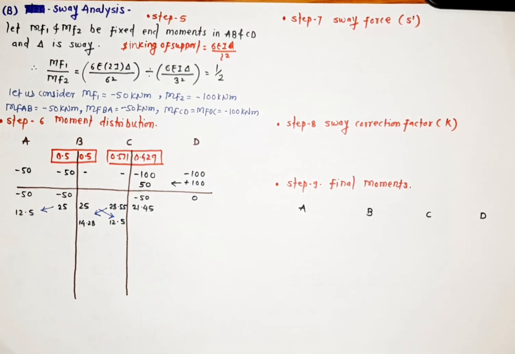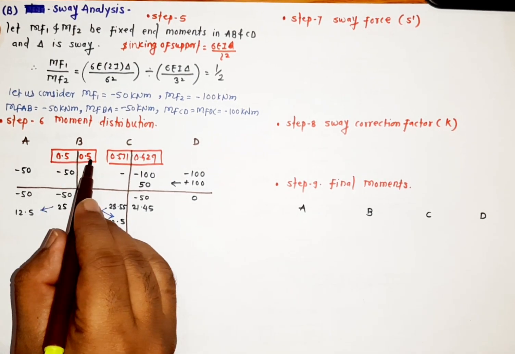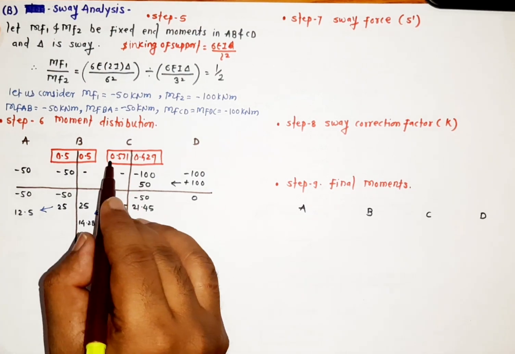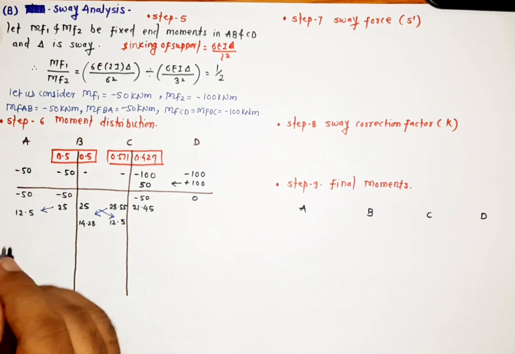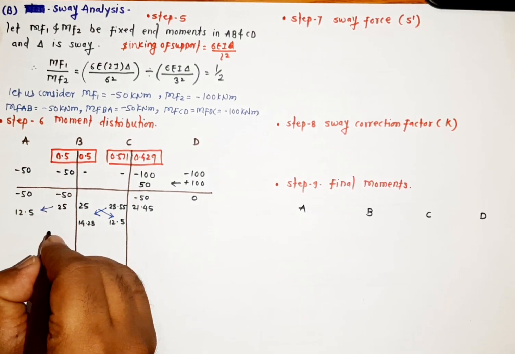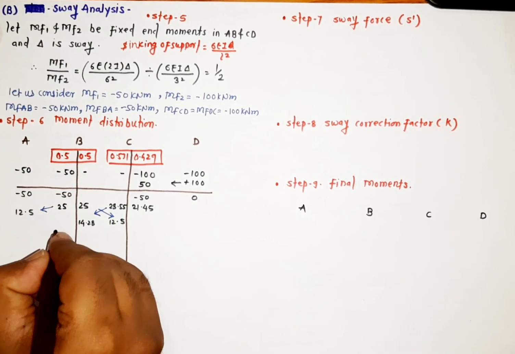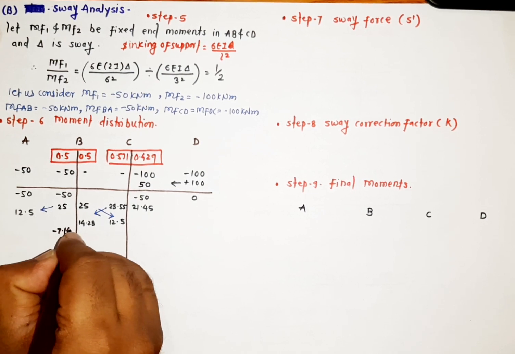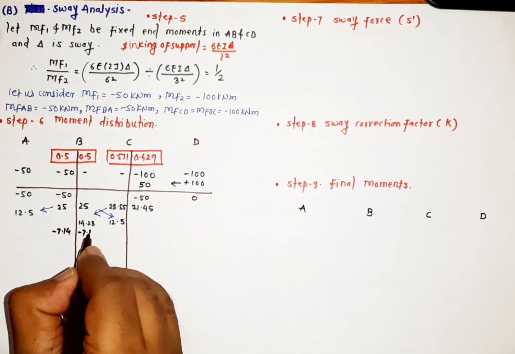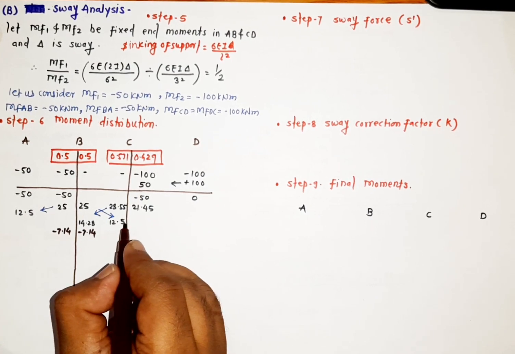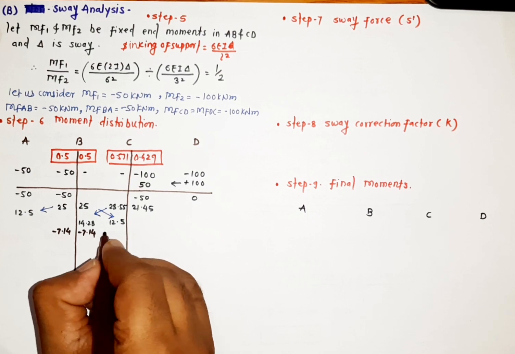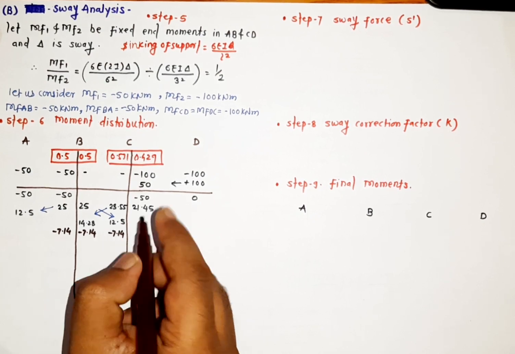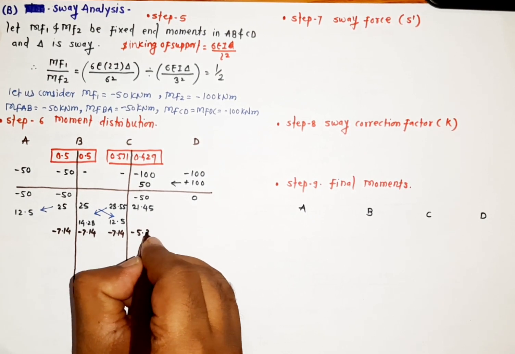Now next we got the values as 14.28 to multiply with 0.5, 0.5, and 12.5 to multiply with all these distribution factors. So this 14.28 we multiply, we will get 7.14, but we have to write it down with the opposite sign. This will be minus 7.14, this will be minus 7.14. 12.5 multiplied with 0.571, it will be again minus 7.14 and this value comes to 5.36.